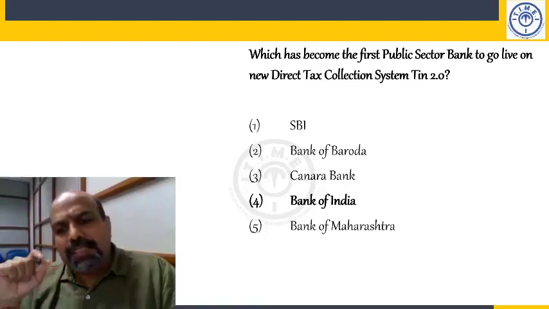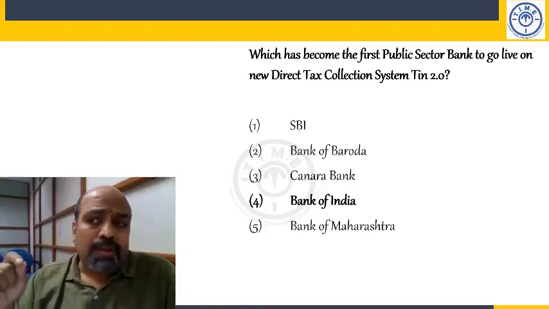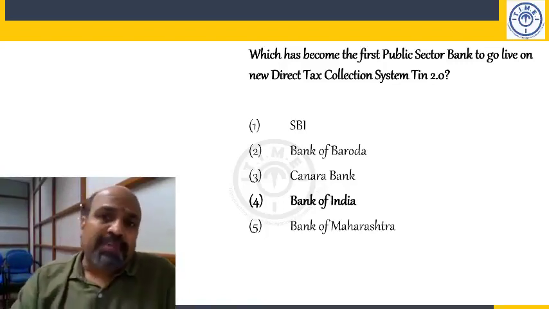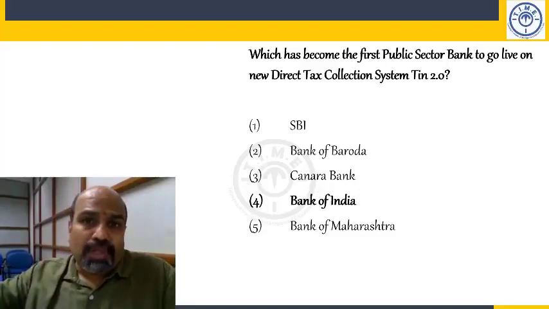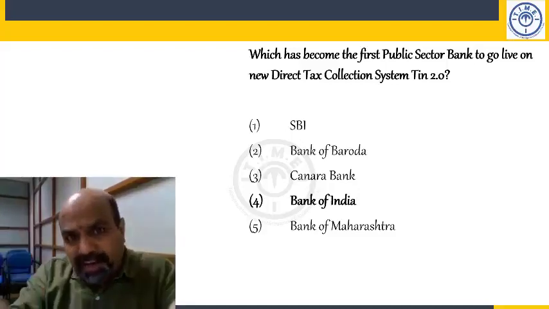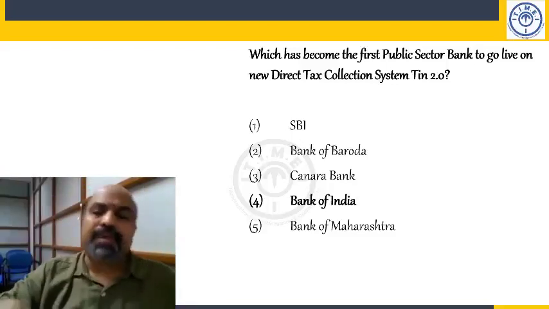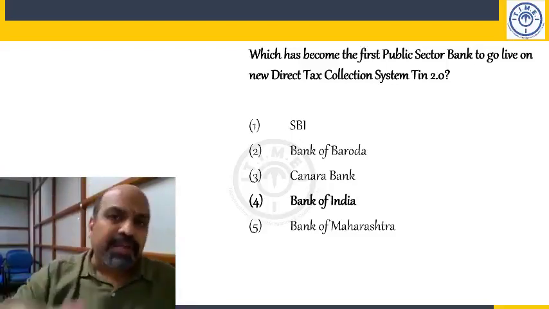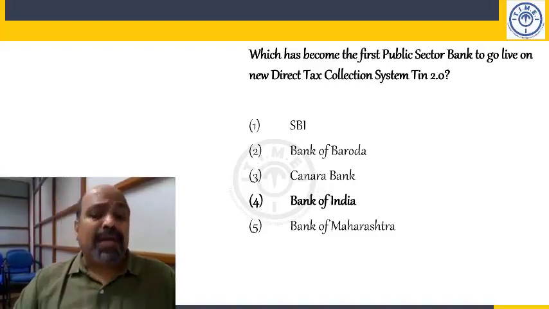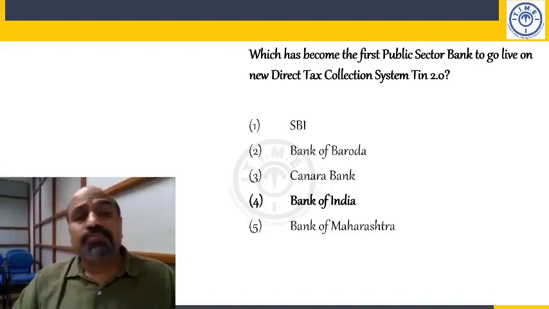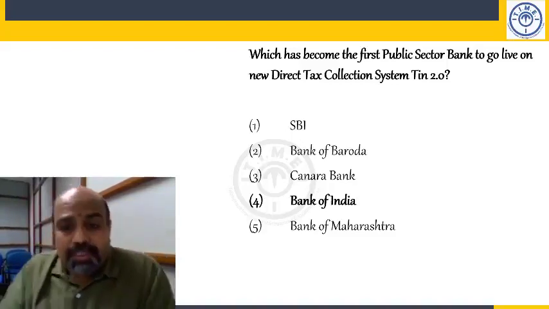It's an official website of the IT department, a single window for all tax related issues like filing returns plus tax payment. You don't have to go to another website to make a payment. You can pay tax and file a return here. So it's a pretty sophisticated system, and Bank of India has become the first to go live on it.